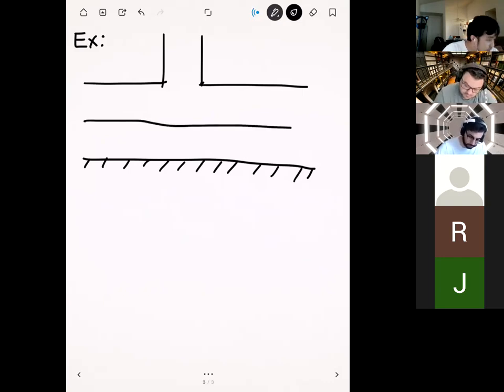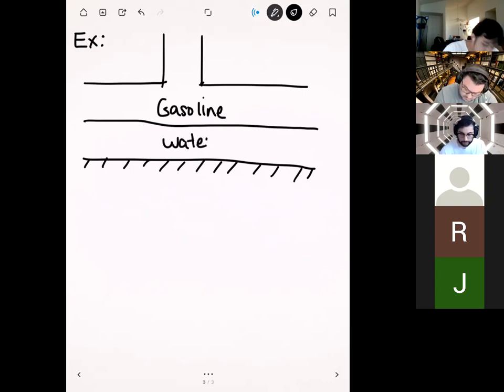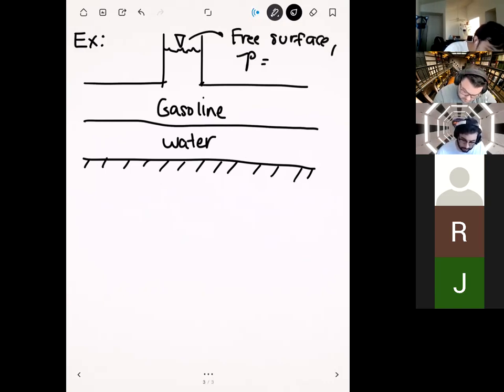Up top right here we have gasoline, and below the gasoline we have water. And then let's say that we have our free surface up here. So P equals 0 here, and it's the free surface because I drew that little triangle symbol there.